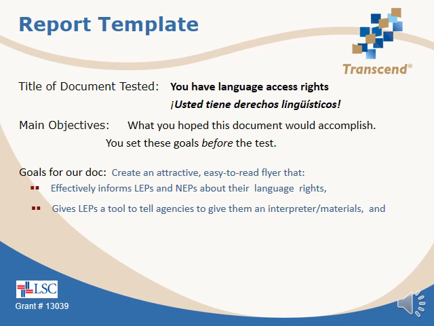It would be a flyer that also gives LEPs and NEPs a tool to tell agencies that they should give them an interpreter or translated materials. And the flyer would also give them guidance about where the LEPs and NEPs could look for help if their language rights were denied.